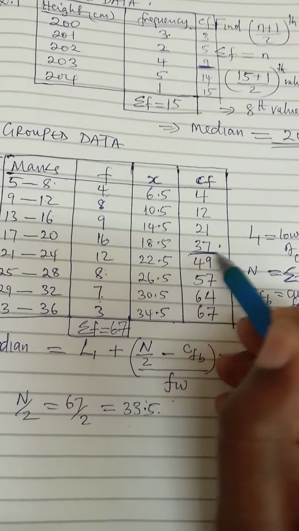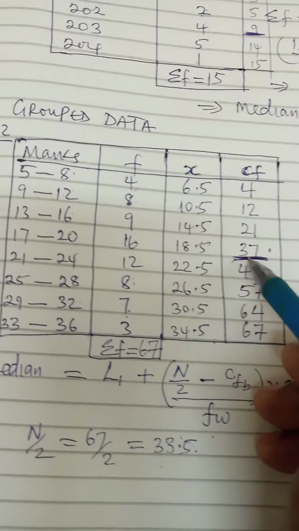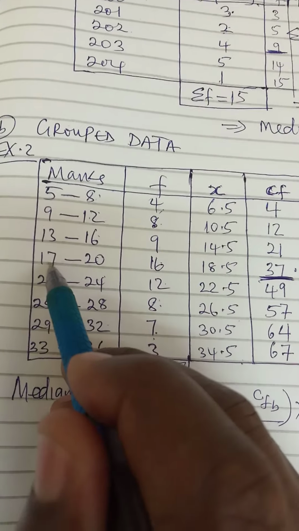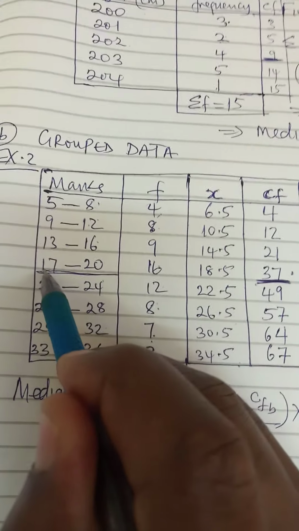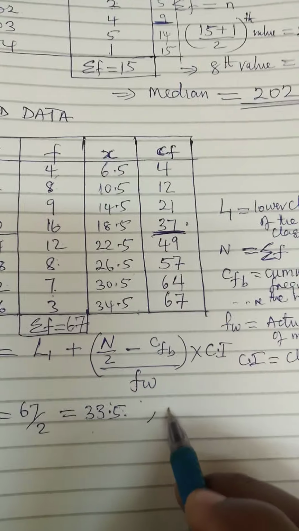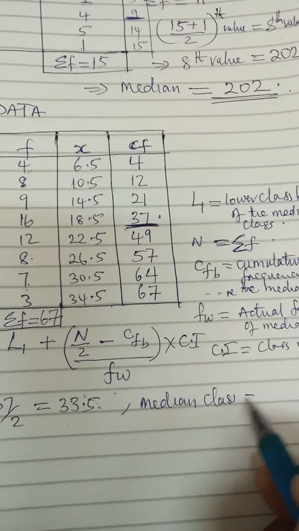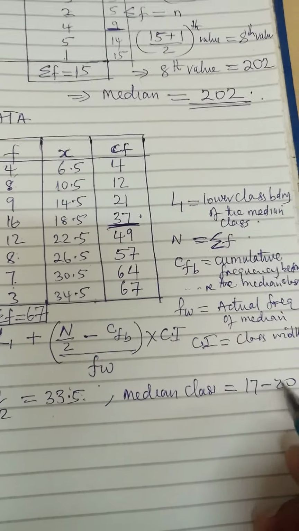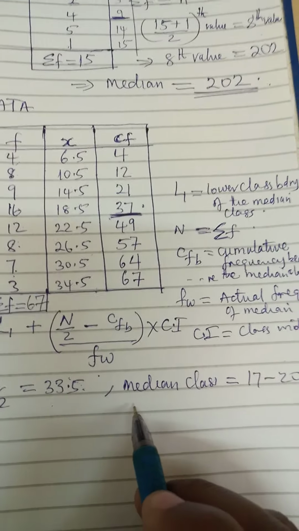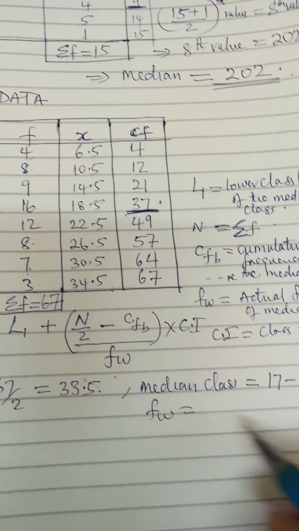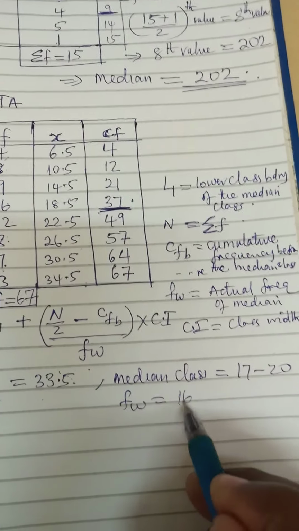It falls in 37. So this gives us the class for us to use. The median class, therefore, becomes the class of 17 to 20, implying that our actual frequency for that median class is 16.